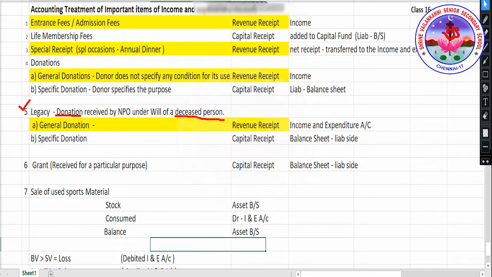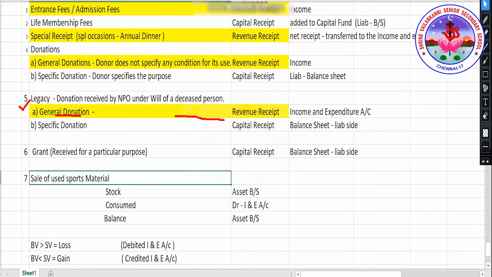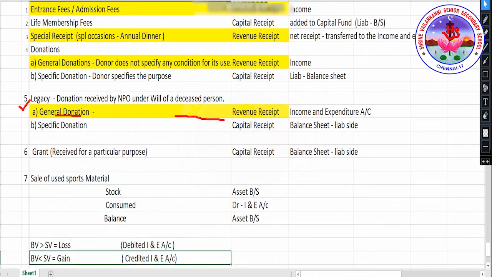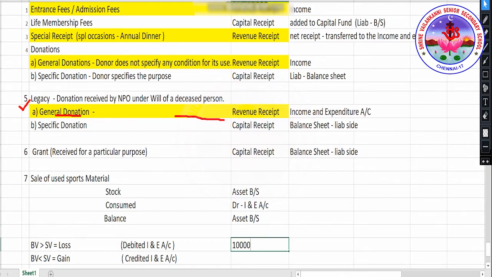Whatever is the balance after the consumption will be shown on the asset side of the balance sheet. Whenever there is a sale of sports material, there is always either a loss or a gain. For example, if the book value is 10,000 and the sale value is 8,000, then 2,000 is a loss.